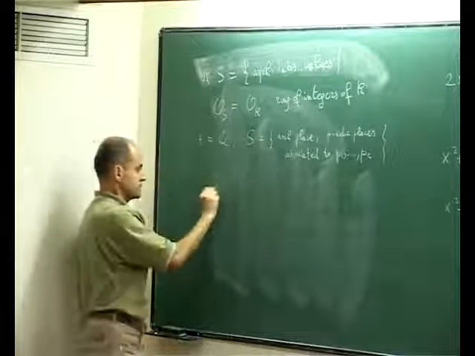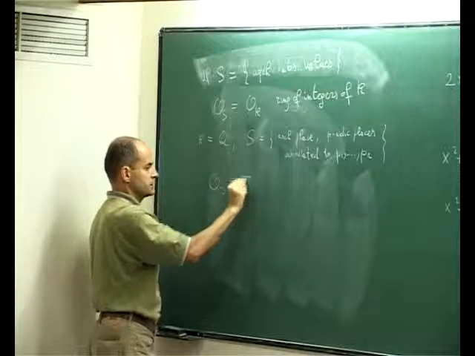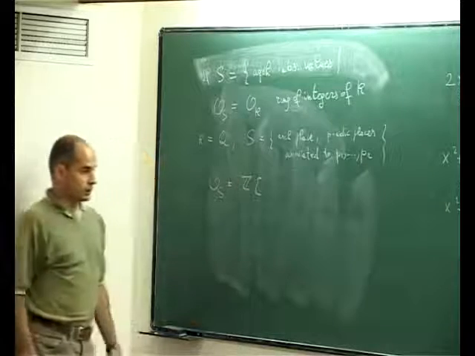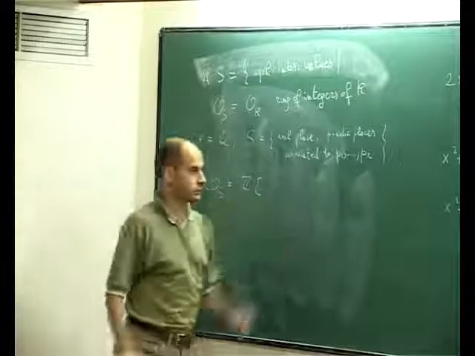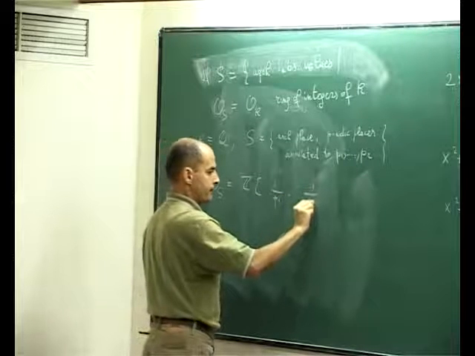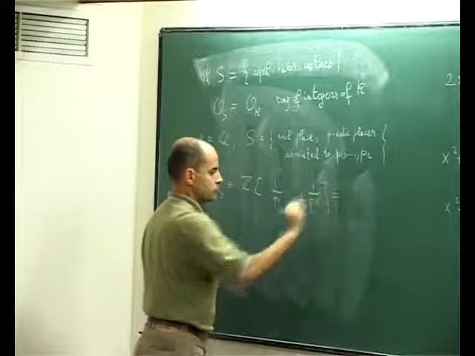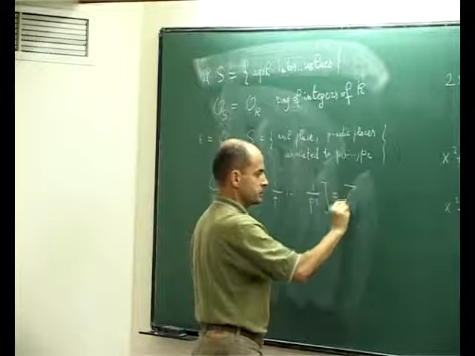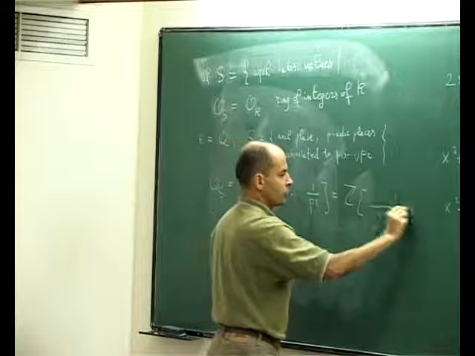Then O_S is the ring obtained by inverting the primes, which is also the ring generated by 1 over p1...pr.